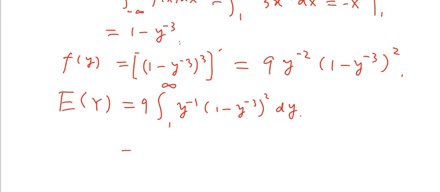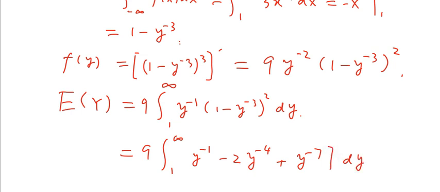So 9 times the integral of: first one y^-1, then negative 2, so 2y^-3... y^-4, right? Plus, the square, y^-6, so y^-6, y^-7, dy.